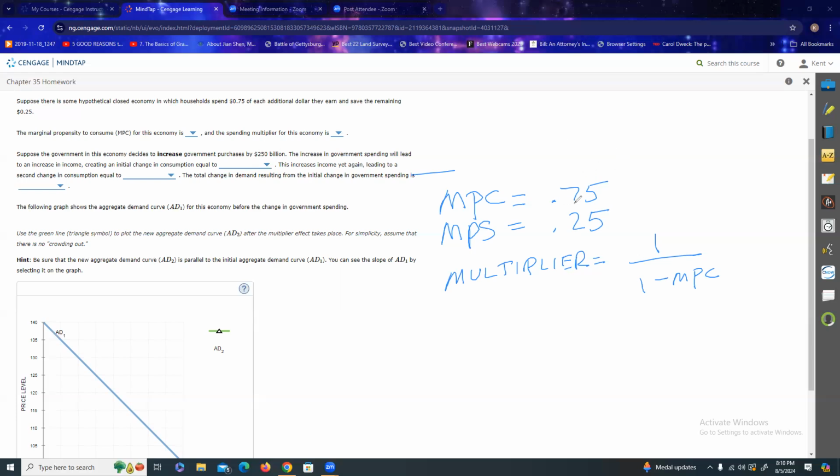and the next round, they're going to spend 75% of that.